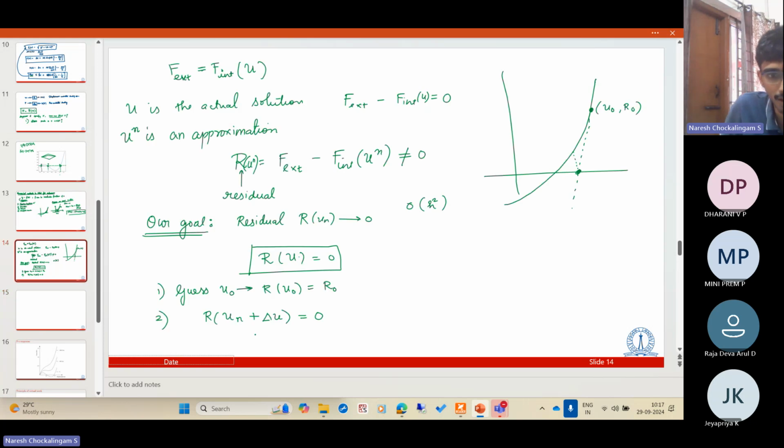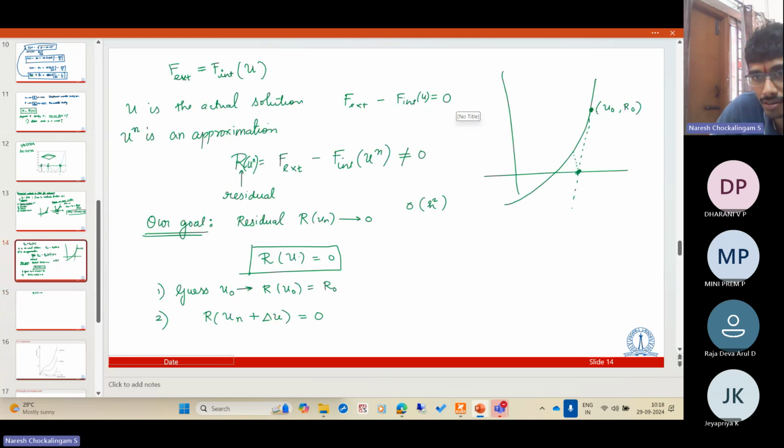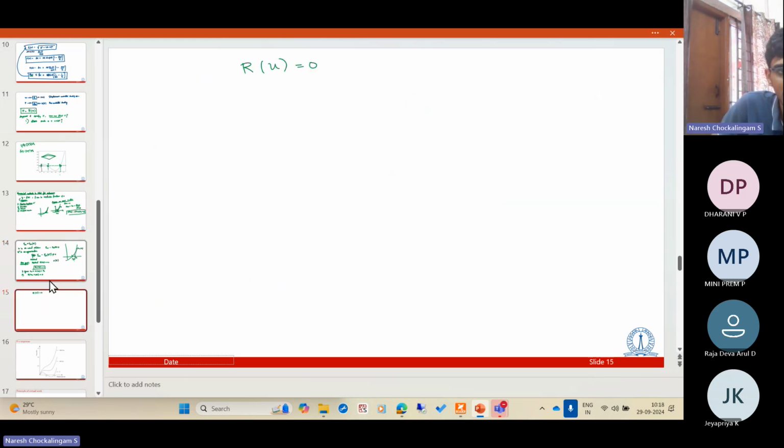So the idea is r of u is 0. If you use the actual solution, it is 0. Say this is un, and this is u. This difference is some delta u. So un plus delta u is u.